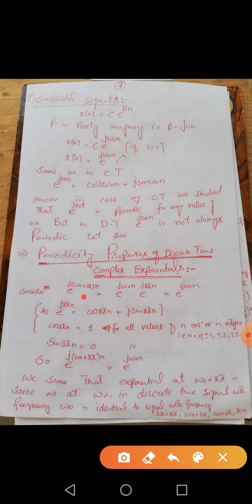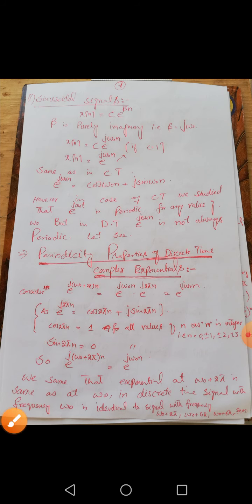See this complex exponential signal. This is equal to e power j omega naught n times e power j 2 pi n. This is equal to e power j omega naught n. Why? Because e power j 2 pi n equals cos 2 pi n plus j sin 2 pi n, where cos 2 pi n is equal to 1 for all values of n, as n is an integer.